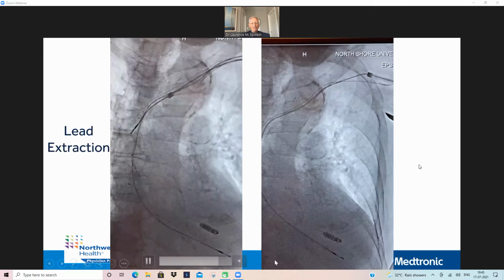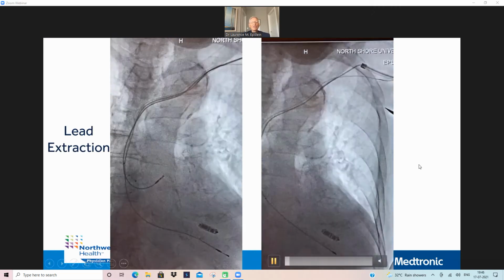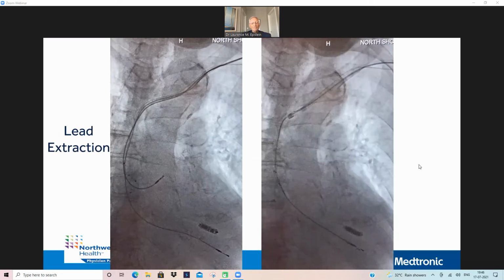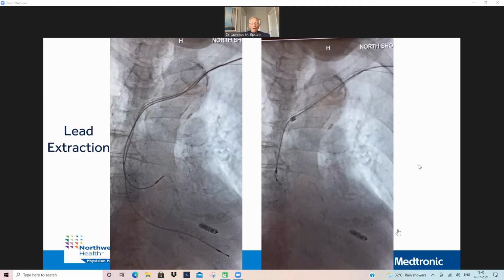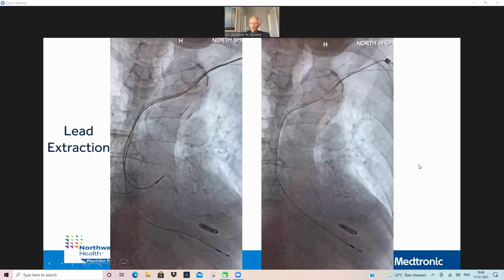And we were able to get everything out and allow the wound to heal. So I suspect, I can't prove it, but this may be the oldest patient to ever undergo implantation of a Micra AV, and it may be the oldest patient to ever undergo a lead extraction procedure.